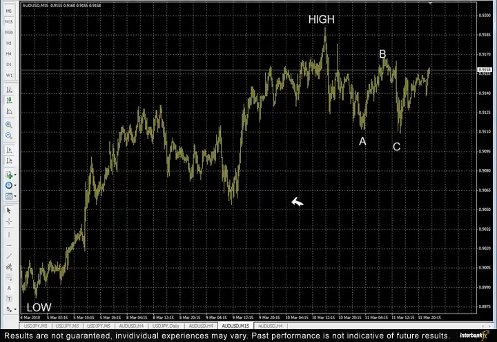So what I want you to do is basically look at the rallies and the sell-offs on the chart. And at the peaks and valleys of these rallies and sell-offs, just label them. Certainly, A to B could have been the last major rally, and B to C could have been the last major sell-off.